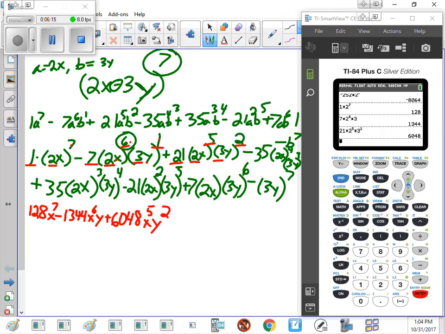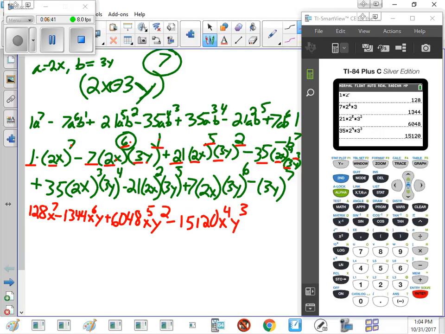Everybody get that? Okay, for the next one, 35 times 2 to the 4th times 3 to the 3rd is, and this one's a minus, 15120 x to the 4th, y to the 3rd.